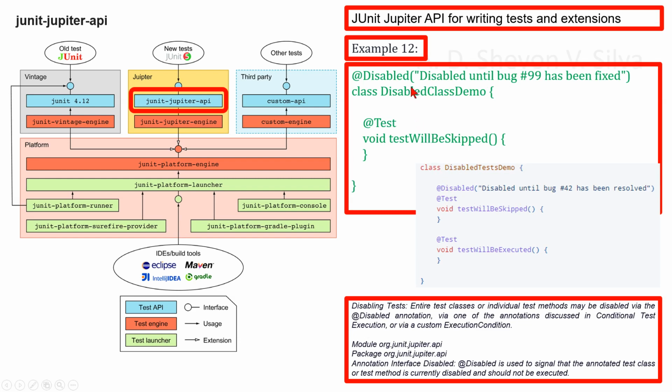Consequently, these examples both show the use of a reason. Some development teams even require the presence of issue tracking numbers in the reason for automated traceability, etc.